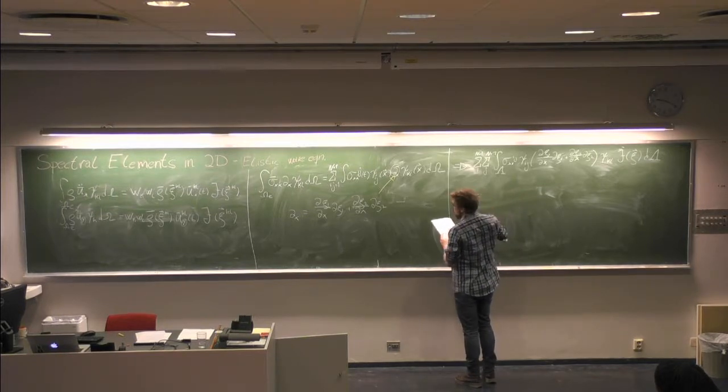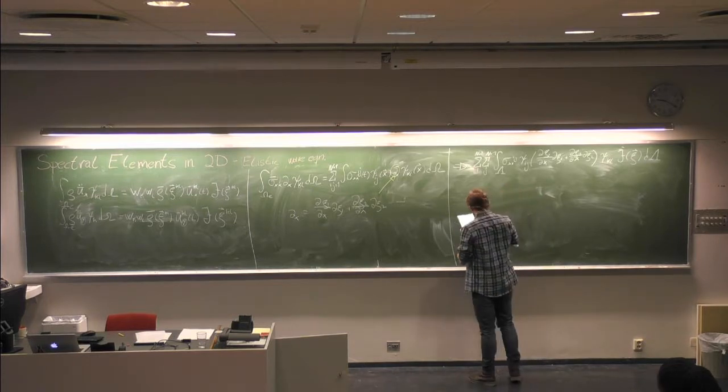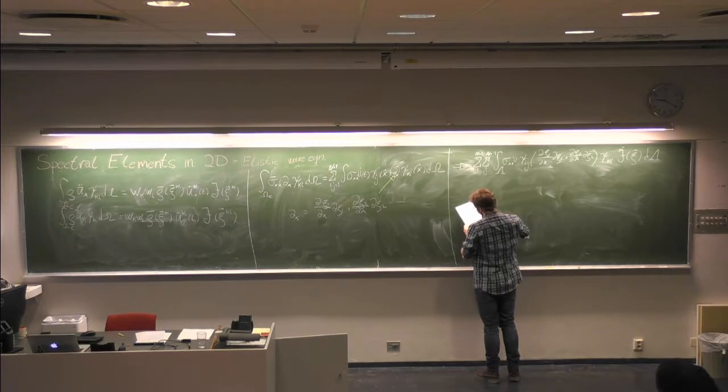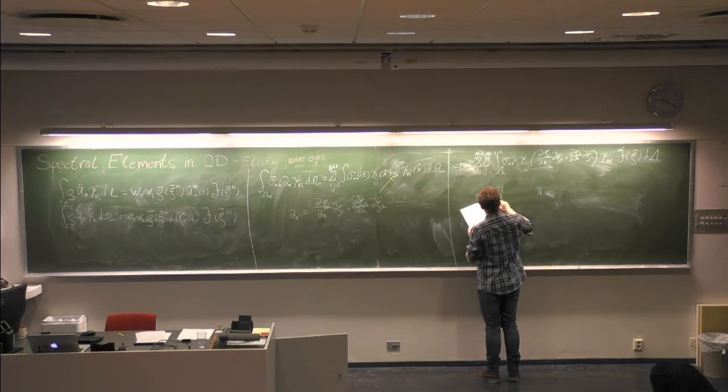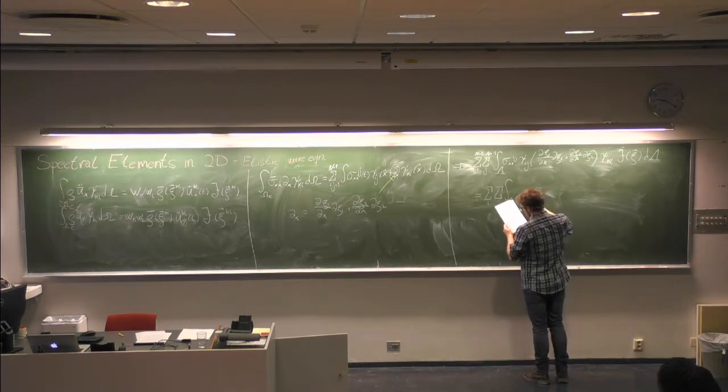Then again, we introduce the same basis functions, these Lagrange polynomials, and we get a big expression. i, j, big lambda. Let's see if we can get this correct.